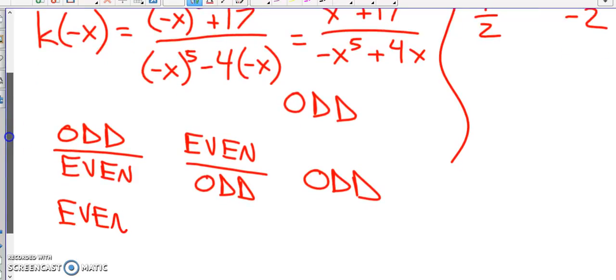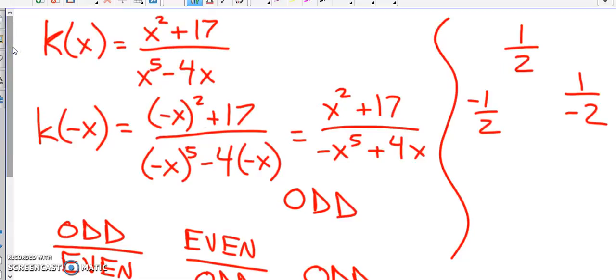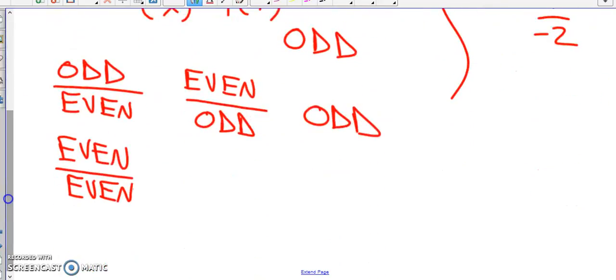I should hope that you would know that even over even would be even. What do you think odd over odd is? It's even, because think about it this way. If you had odd over odd, the negatives essentially cancel out. So odd over odd is even.